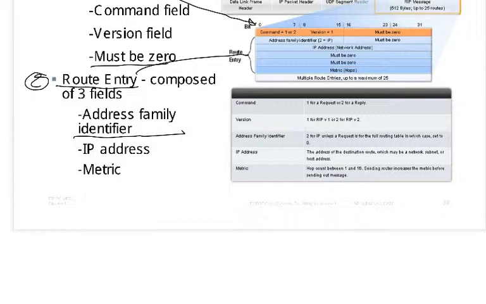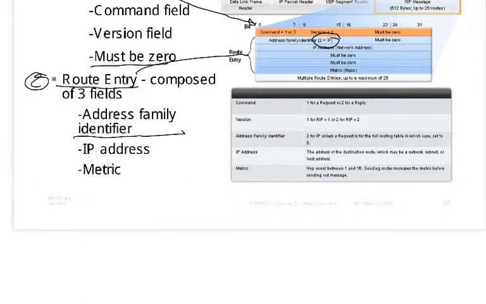For IP, the value is 2. 99.999% of the time, this field will simply contain the number 2, which indicates that the address family is IP.